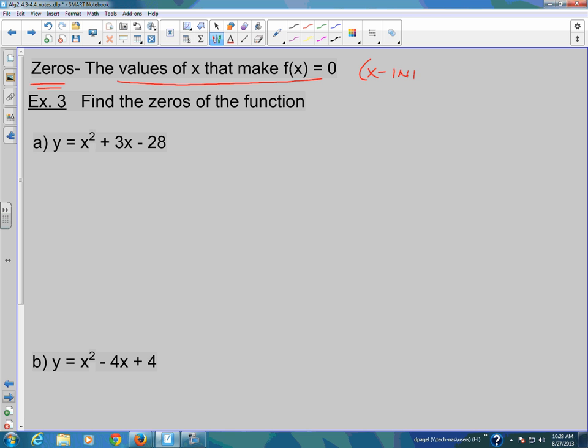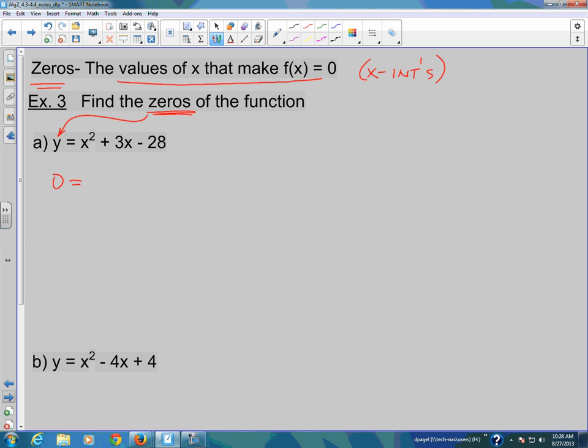And again, if we have a function value that equals 0, if y equals 0, you're finding x-intercepts. What's different about this equation? It no longer says 0 equals, it now says y equals. So what I'm hoping that you understand is if I ask you for zeros, I'm asking you to identify that the y value needs to become a 0.